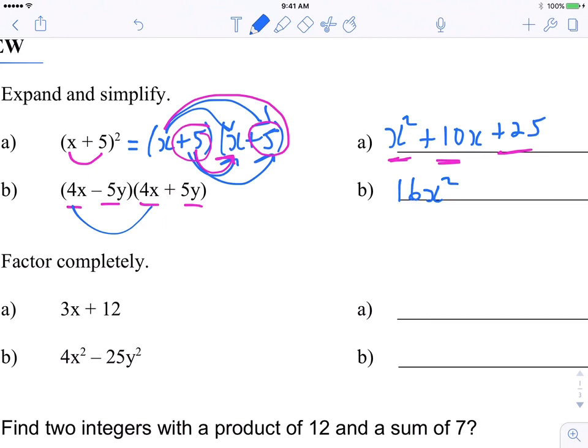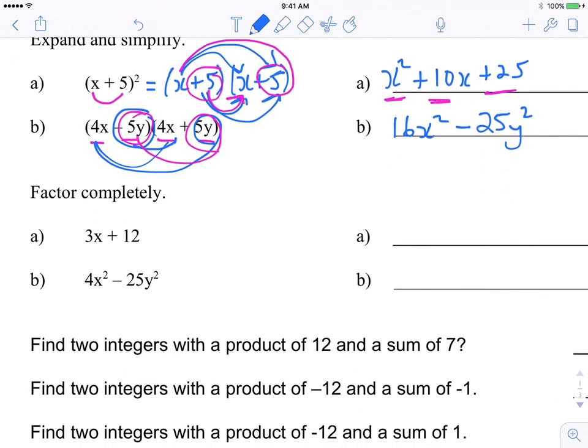The middle term will disappear because we have 4x times positive 5y, and then we have a negative 5y times 4x, and that will eliminate each other. The final step here would be the negative 5y times positive 5y, and that will give you, let me just change that, negative 25y squared.